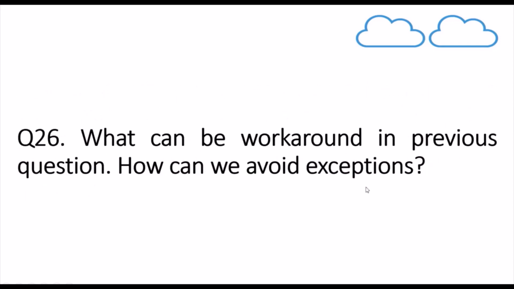What can be a workaround in the previous question, and how can we avoid the exceptions? We have written the future method call in the trigger, so we can wrap it in an if condition and check whether the context is batch or not, using System.isBatch.